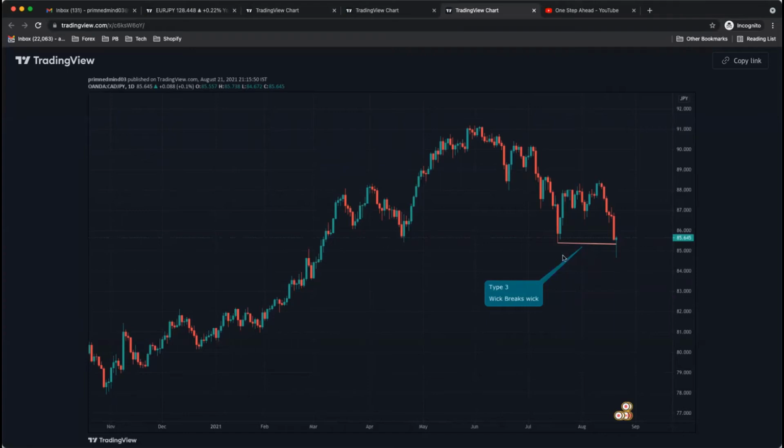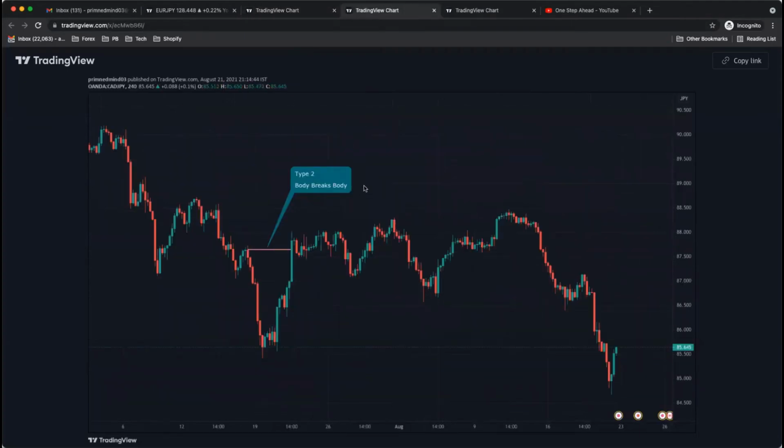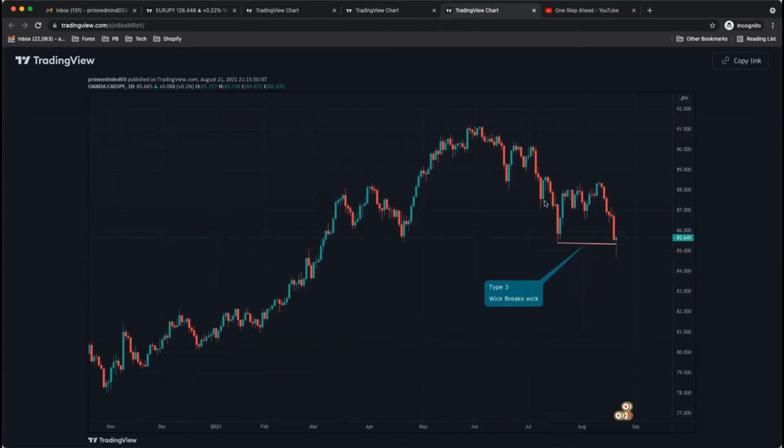For now, it's just three types. One, body breaks wick, which I use and is more desirable. Another is body breaks body, which is also not too bad, but I would suggest not using it. Just know the three types for study purposes.